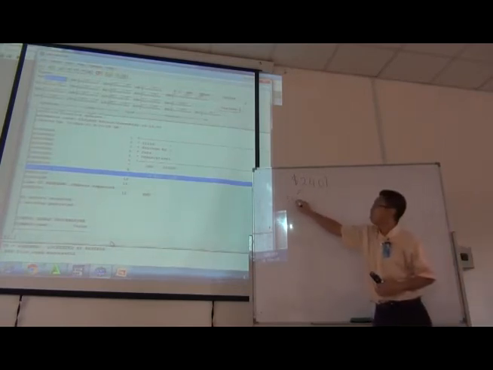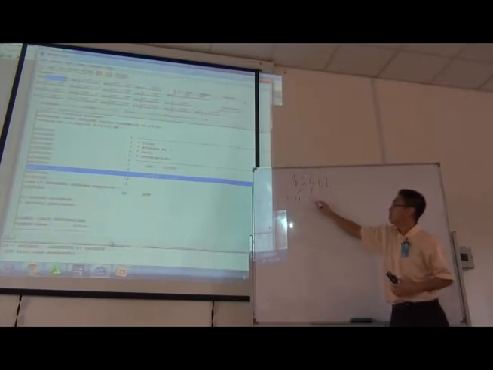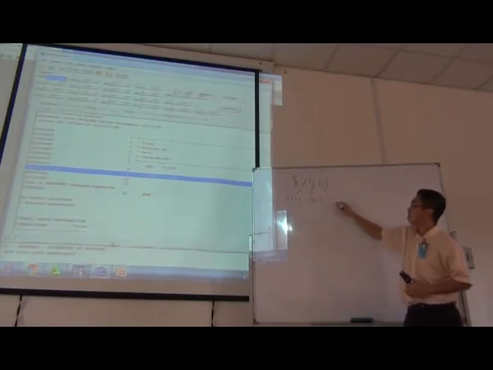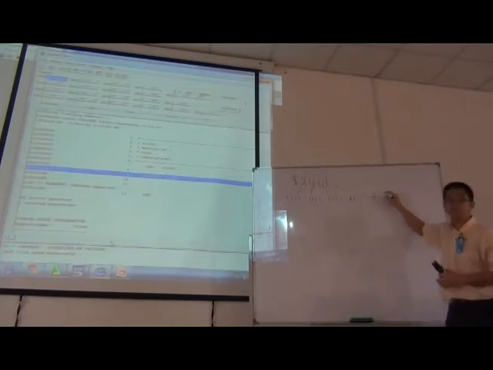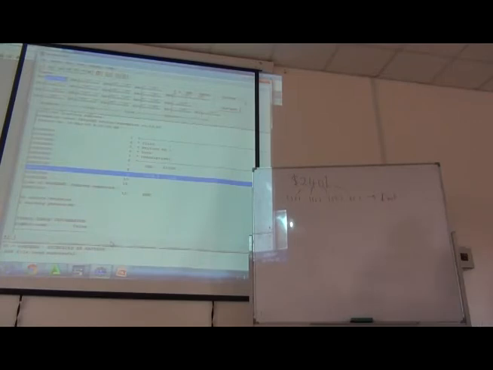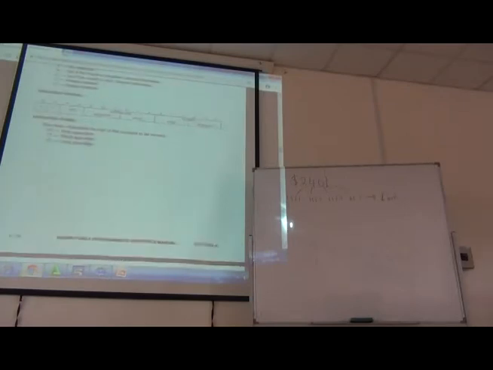This is 4, this is 4, this is 4, and the last one is 4. So this size is 16-bit, which is the same as in the PDF file. This PDF file says the size for the instruction format is 16-bit, all 16-bit. So look carefully, it's actually 16-bit.